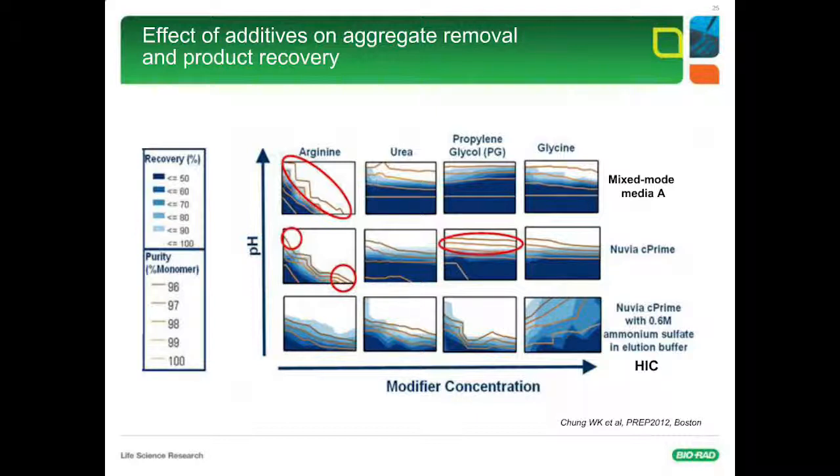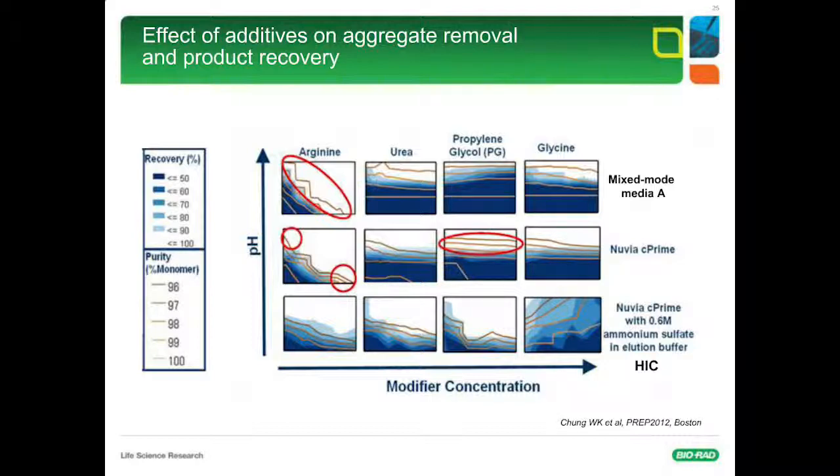In this condition, there's no arginine added to the buffer, but the elution was done at higher pH. Then we picked 2 spots on the lower right-hand corner. One has a lower concentration of arginine. We want to see at lower pH how the concentration of arginine affects the separation effectiveness.